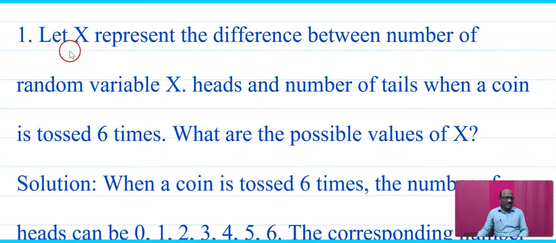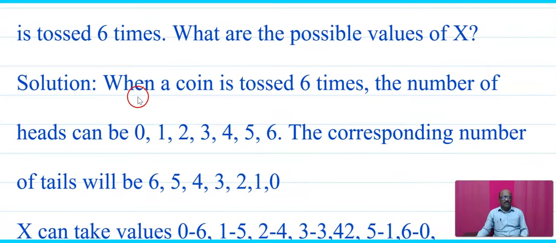What are the possible values of X? Okay, when a coin is tossed 6 times, the number of heads can be no head in the 6 times, then its value is 0.